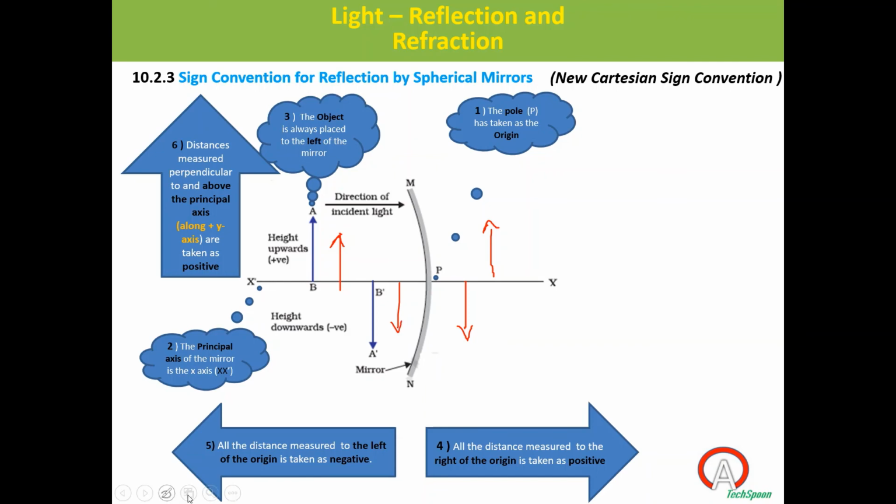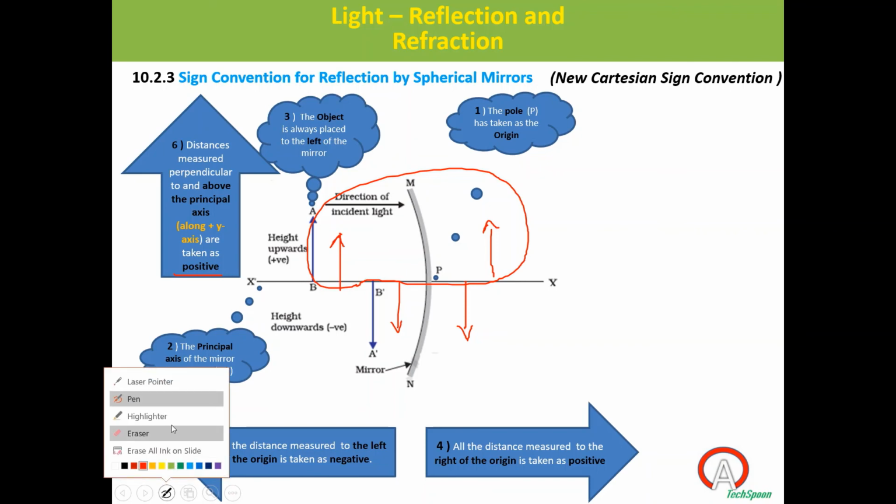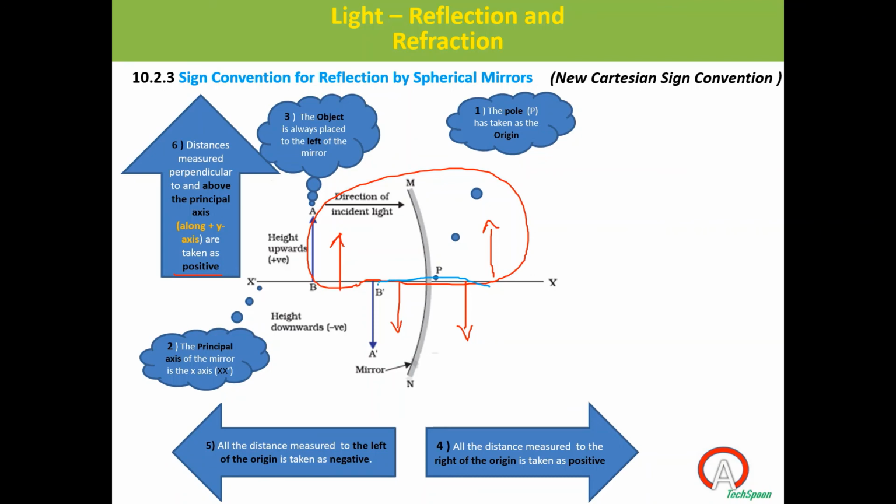But all perpendicular distances above the principal axis, we will take as positive. And all the perpendicular distances below the principal axis, this is negative. Got it?